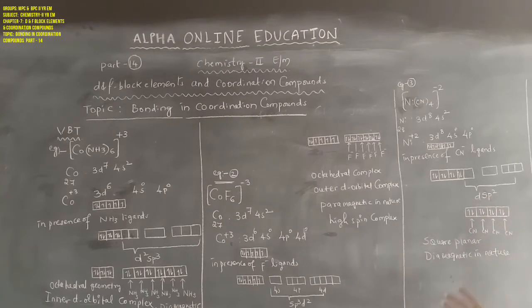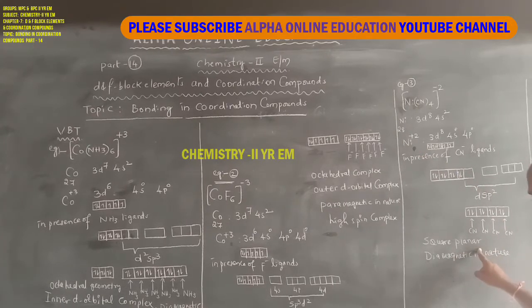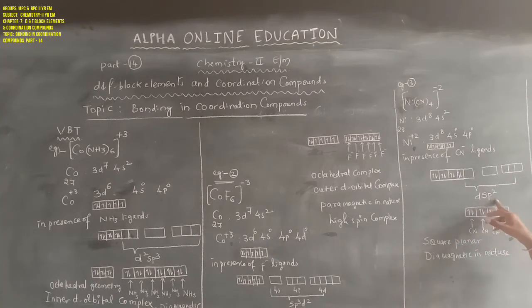These vacant dsp2 hybrid orbitals are arranged around the nickel ion in square planar geometry. They overlap with the cyanide ligands, and the tetracyanonickelate(II) complex ion is formed. Because of dsp2 hybridization, it is a square planar complex.